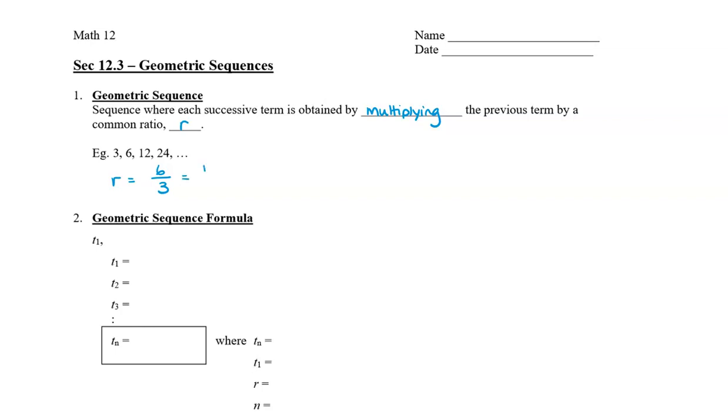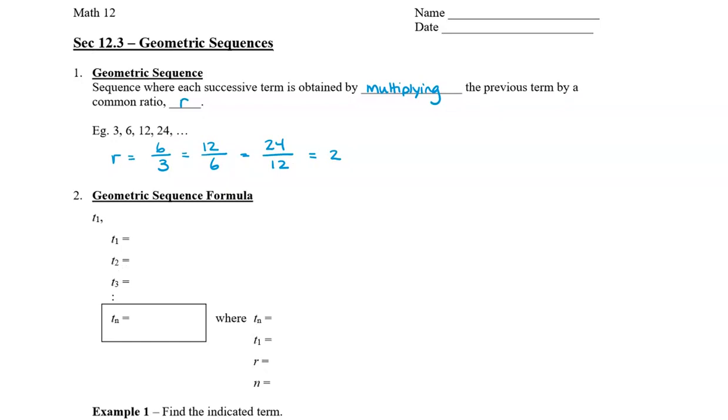We can even take the third term divided by the second term, which is 6, or even the fourth term, 24, divided by the third term. You'll notice that the common ratio is always going to equal 2.